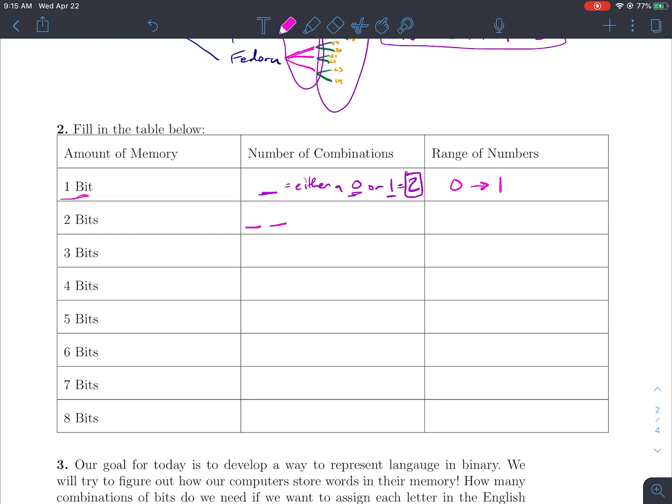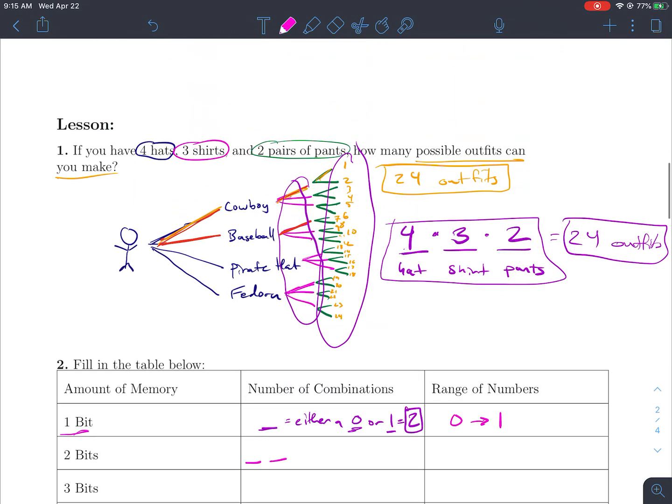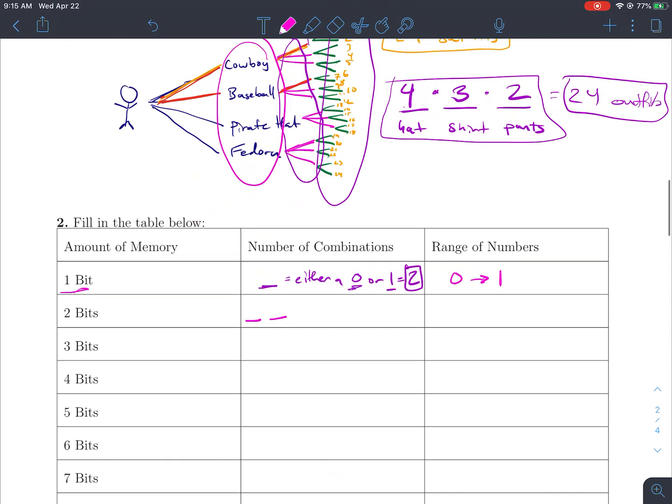With 2 bits, it's a little more interesting. The first one is either going to be a 0 or a 1. So similar to our hat problem, where we had 4 choices, here we have 2 choices for this spot, and this is also going to be a 0 or a 1, so we have 2 choices for this spot. So it looks like we can represent 2 times 2, 4 different numbers, because what you do at the end is you multiply for each spot, and that gives you the total number of combinations.